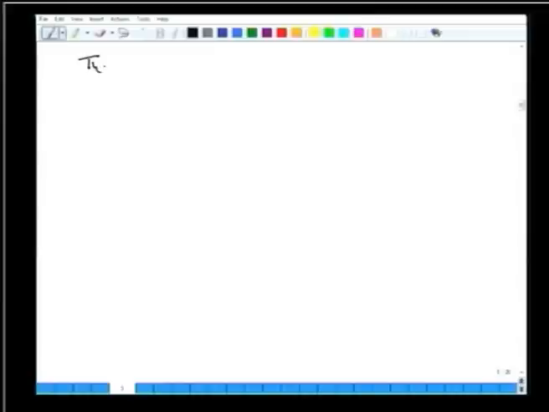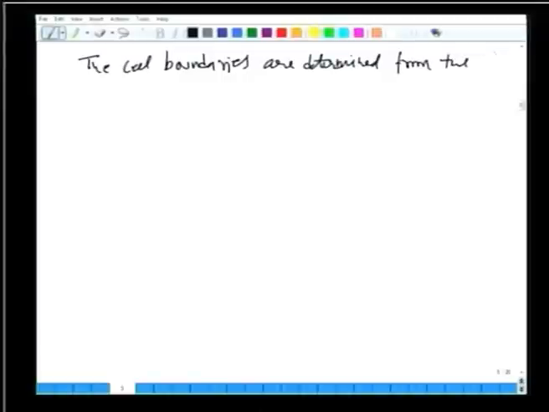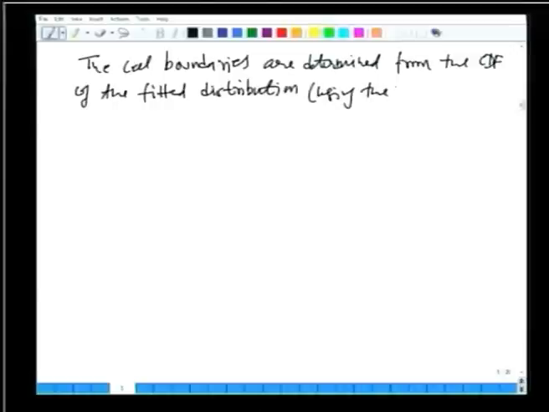The cell boundaries are determined from the CDF, the cumulative distribution function of the fitted distribution, okay, that is, using the parameters which we have fit.